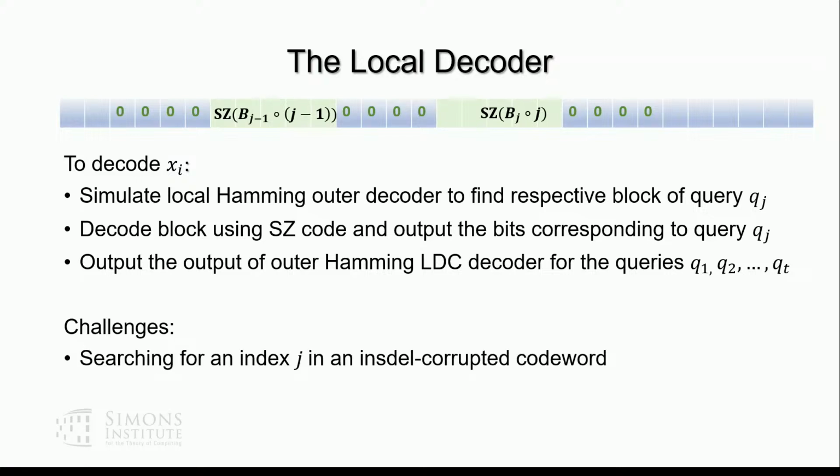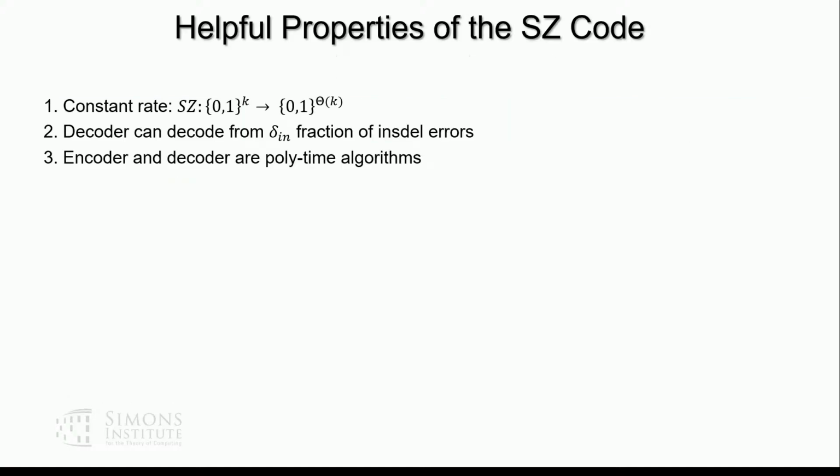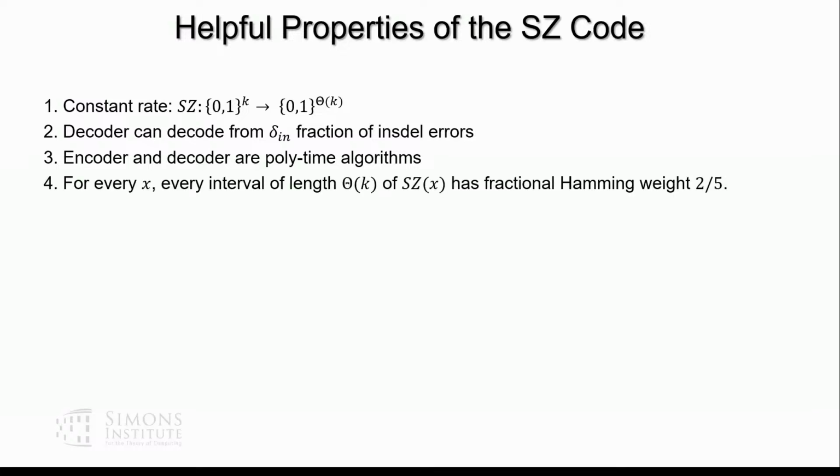And as I mentioned, the challenges here are searching for an index in a corrupted code word, and also finding the buffers turns out to be a challenge. So the properties that are helpful of the Schulman-Zuckerman code are essentially rate, distance and decoding time.